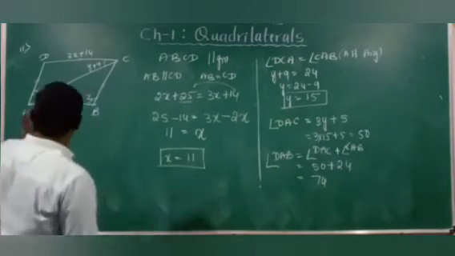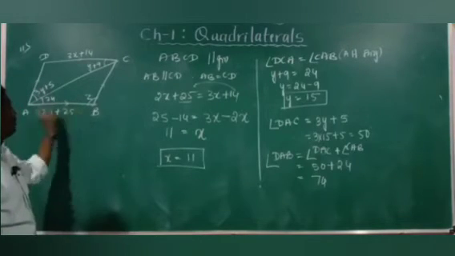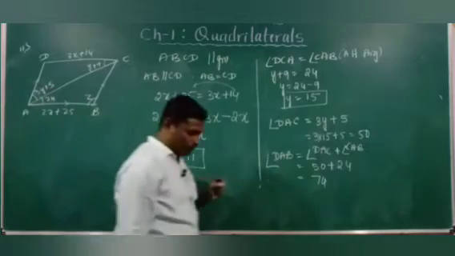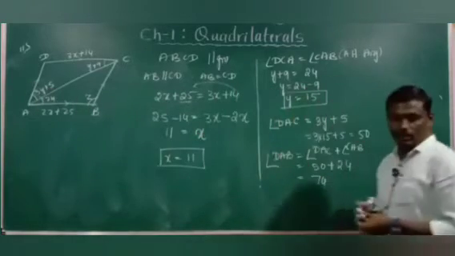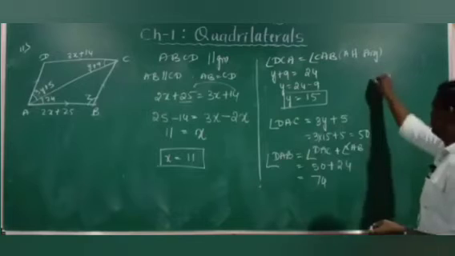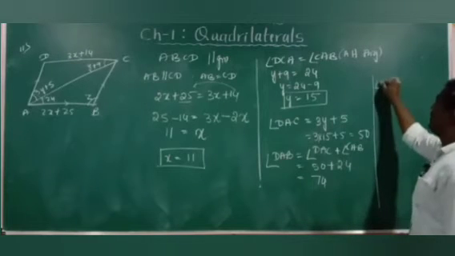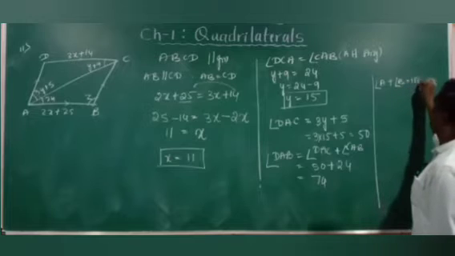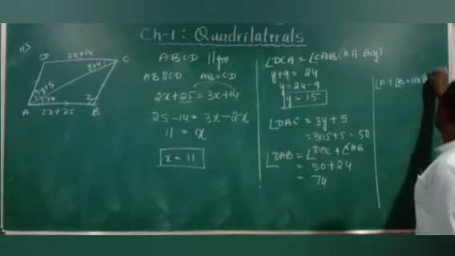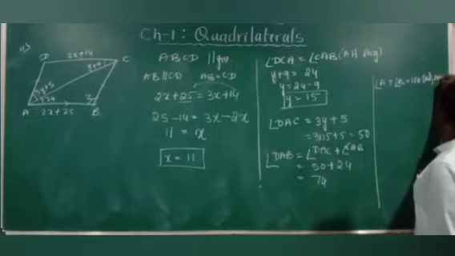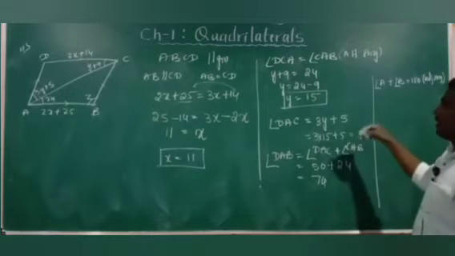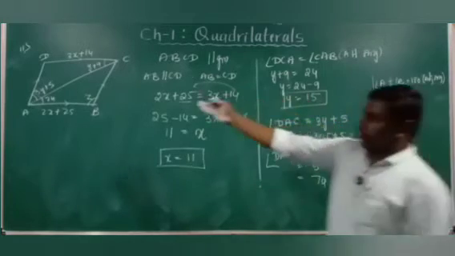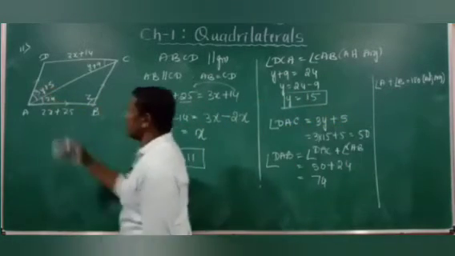If angle A is 74, then by using adjacent angles of the parallelogram we can easily calculate the Z value. Angle A plus angle B is equal to 180 degrees because these two angles are adjacent angles of the parallelogram. Angle A is the complete angle, right?